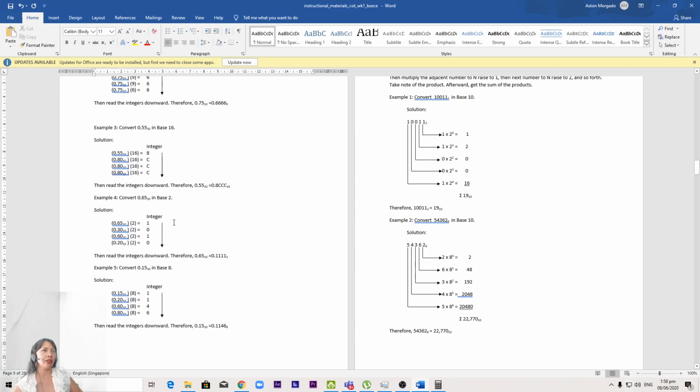Then read the integers downwards, so 1 0 1 0. Therefore 0.65 base 10 is actually 0.1010 base 2. Please kindly correct your copies.